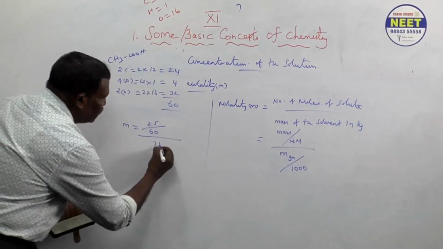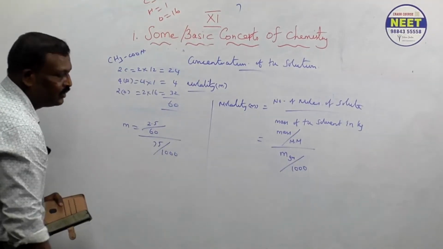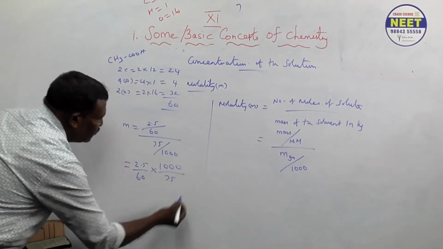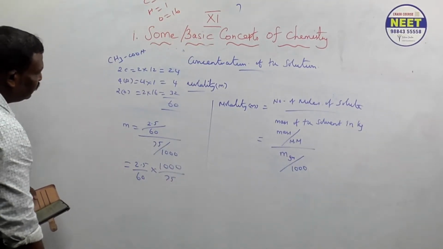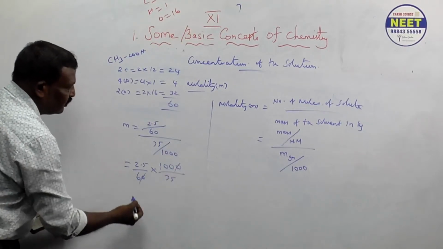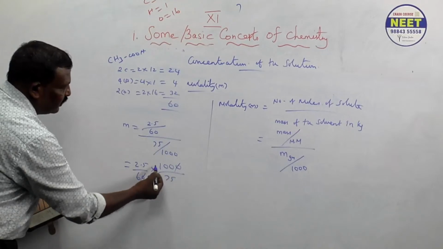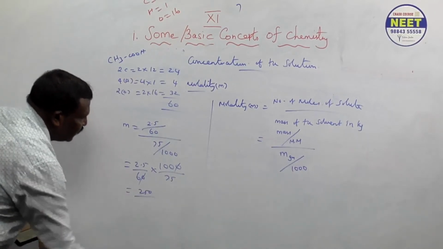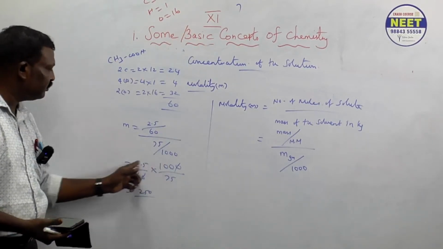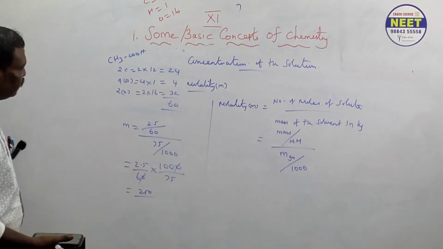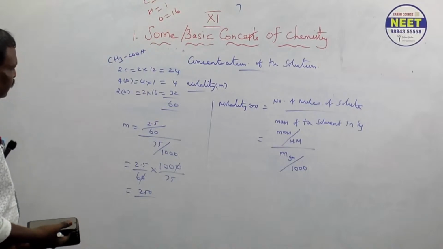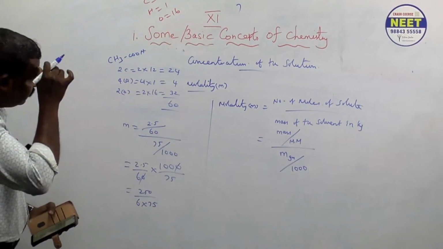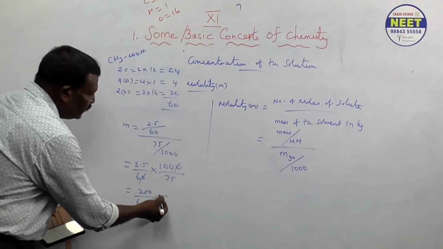So now mass by molar mass, 2.5 by 60, divided by 75 gram, that is 75 by 1000 as usual. So this is 2.5 by 60 into 1000 by 75. Cut or not? Cancel this one. When you multiply, this becomes 250. Do it, that's all.